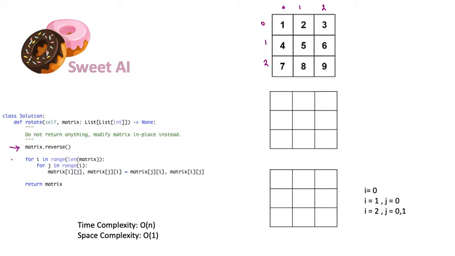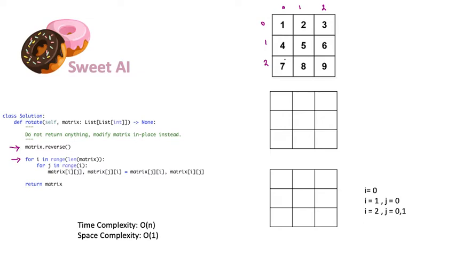And for the transpose, we are going to use two for loops, one for loop inside another for loop. We start i from 0 to the length of the matrix, and for j we start from i, and that's it. So let's see how it works.